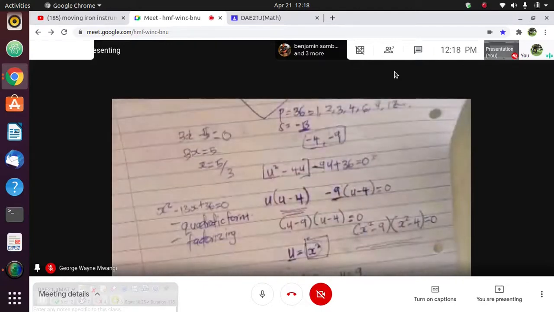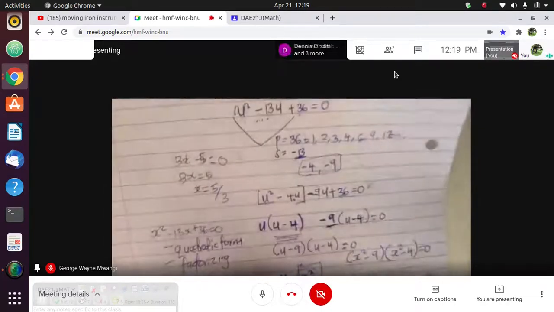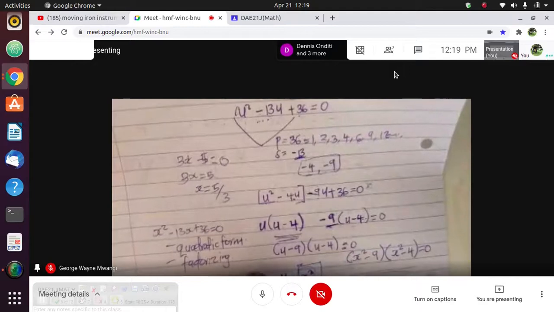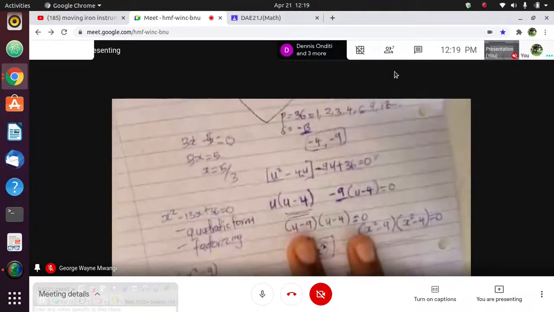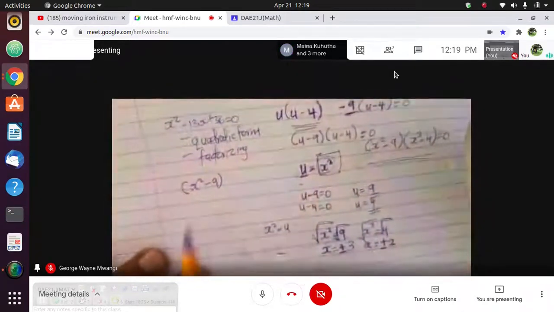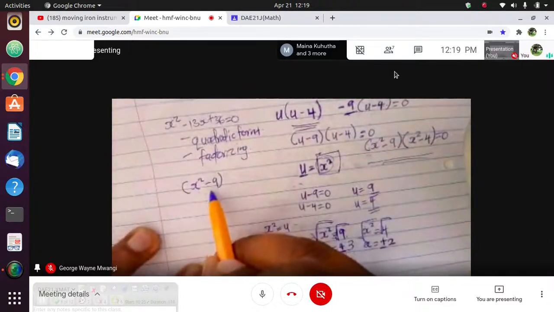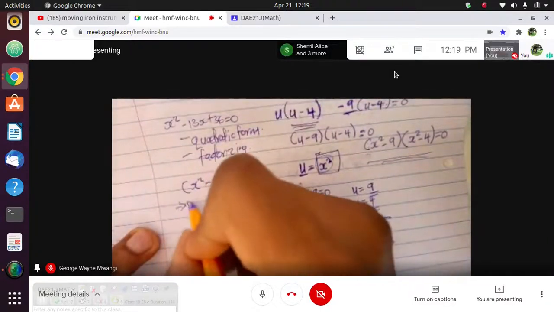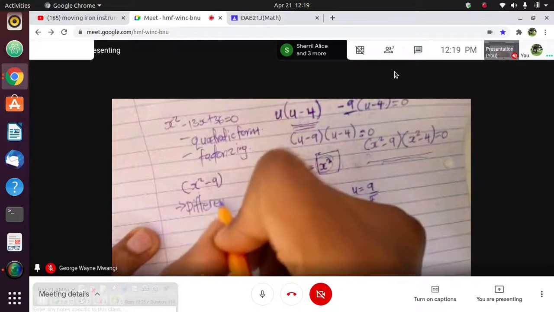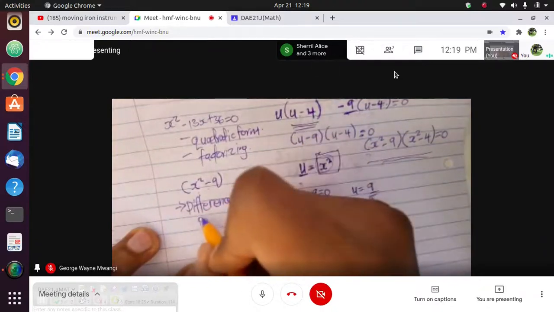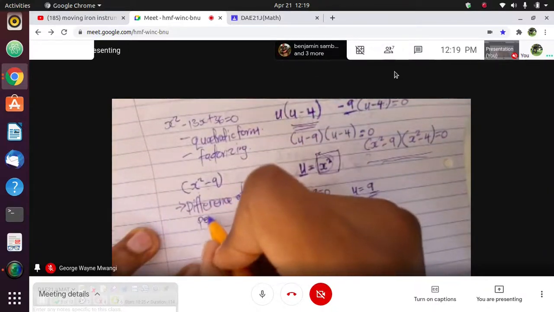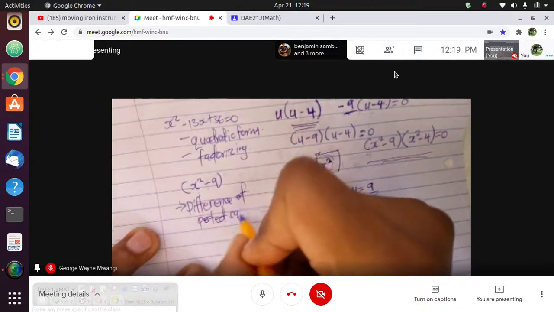Now when you're given such x squared minus 9, this is known as difference of perfect squares.